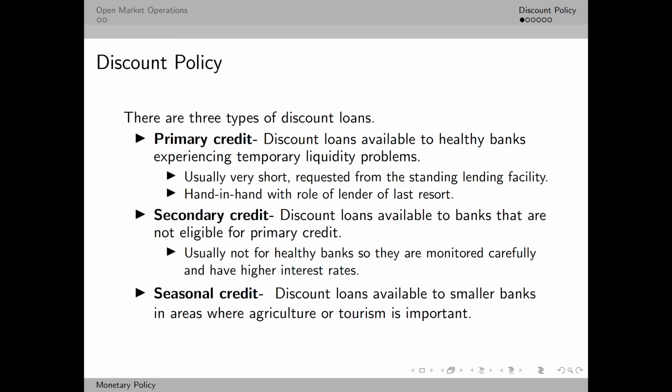Then seasonal credit are discount loans available to smaller banks in areas where agriculture or tourism are important. But with the development of a more broad national banking system, the need for the seasonal credit facility is starting to diminish, because there are alternative ways to help these cyclical banks.